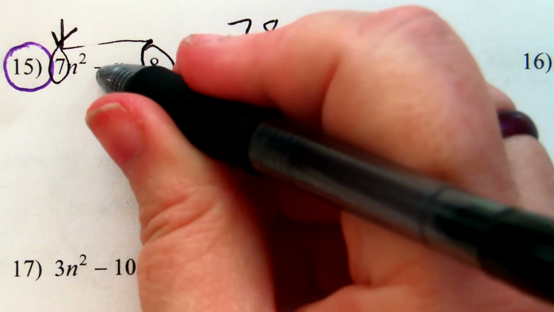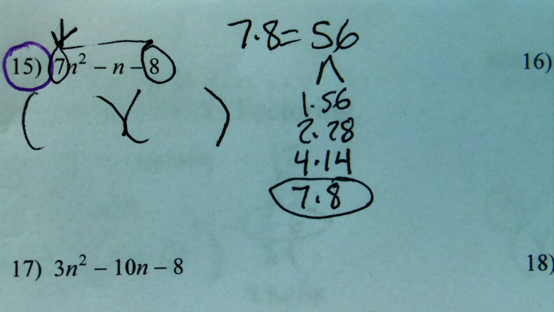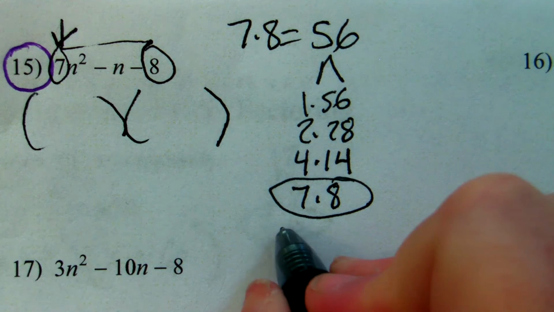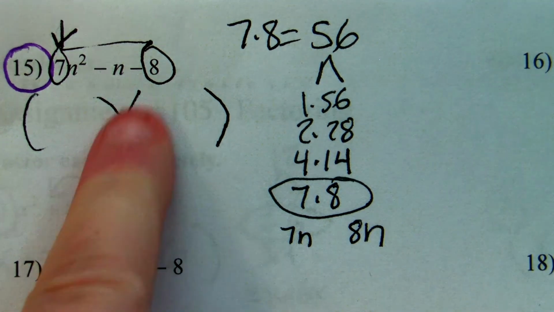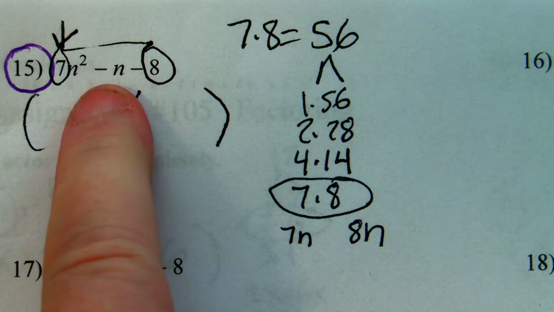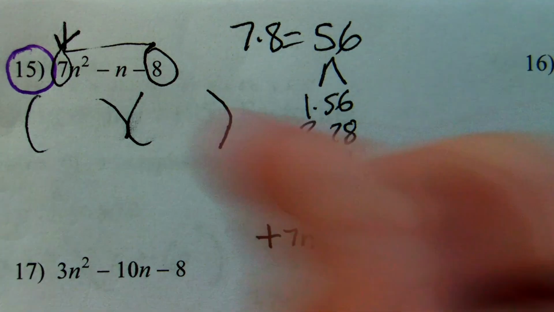We want a negative 1. So we're going to have 7n and 8n. And which one has to be negative? So we'll get a negative 1n. 8. You don't just put 7 and 8 in here.